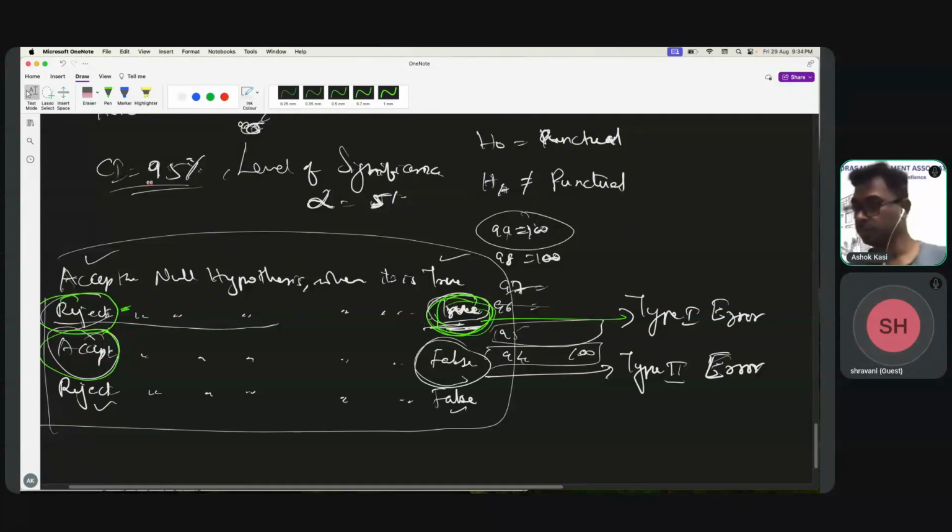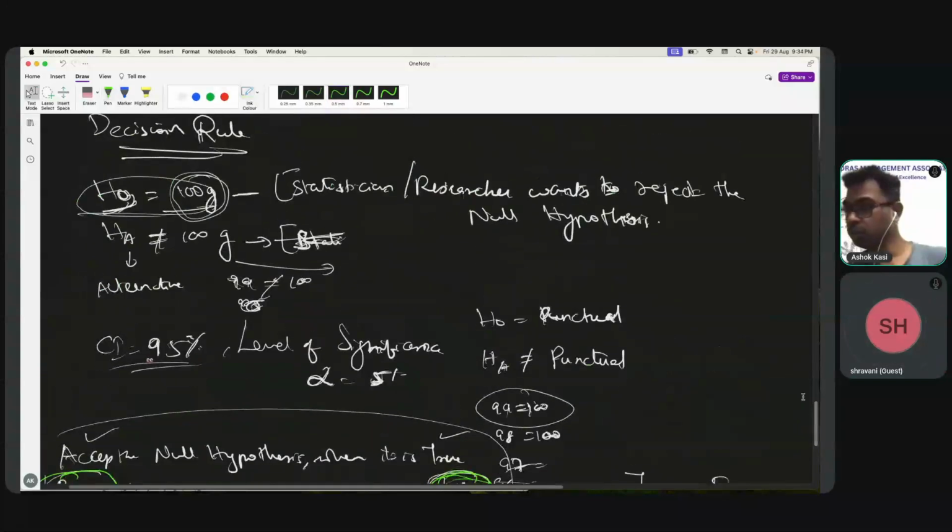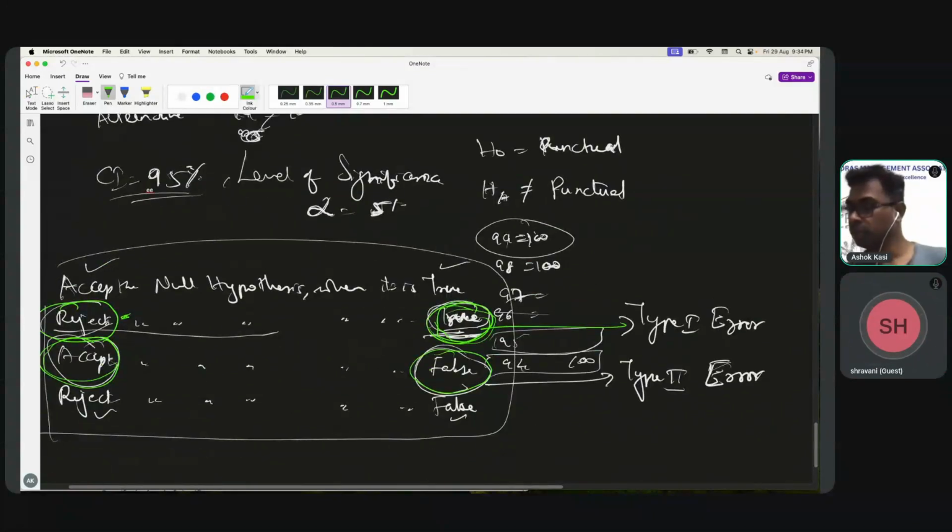So, in type 2 error, we are making a mistake by choosing the outcome, right? Like we are rejecting the right experiment. Is that it? No, type 2 is we are accepting the wrong hypothesis. This is a wrong claim, but I'm still accepting it as 100 gram.